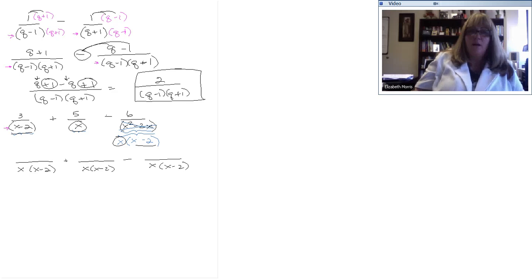I multiply the top by x, and I get 3x. Next, to go from here to here, I multiplied by x minus 2. So I multiply the top by x minus 2, and what do I get? 5x minus 10.